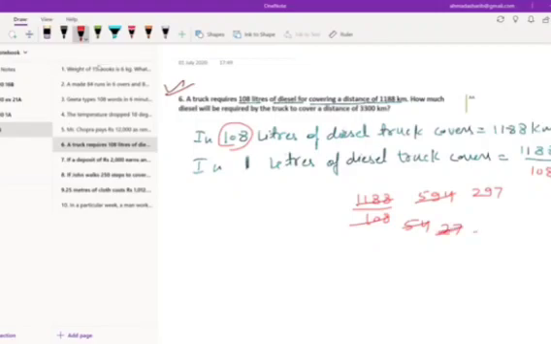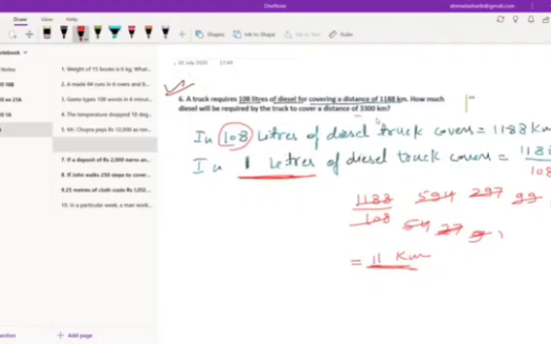So 3 9s are 27, 3 9s are 27, 2 carry 3 9s are 27, 9 ones are 9, 9 ones are 9, 9 ones are 9. So the answer is 11 kilometers. So students, as you can see, in 1 liter of diesel, your truck can go 11 kilometers. Is it clear?